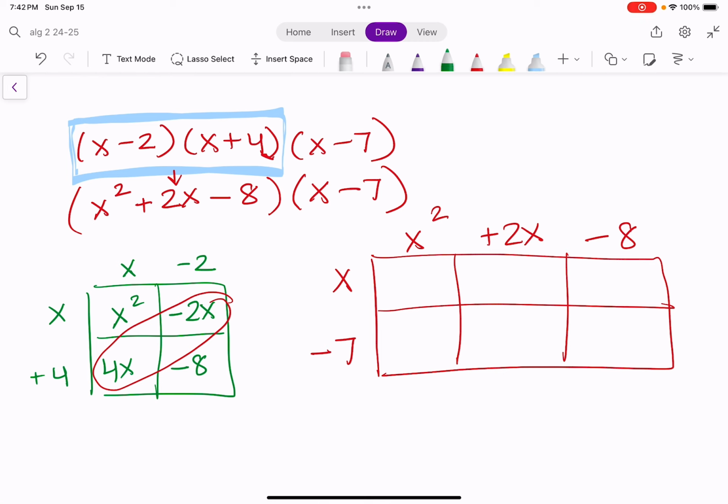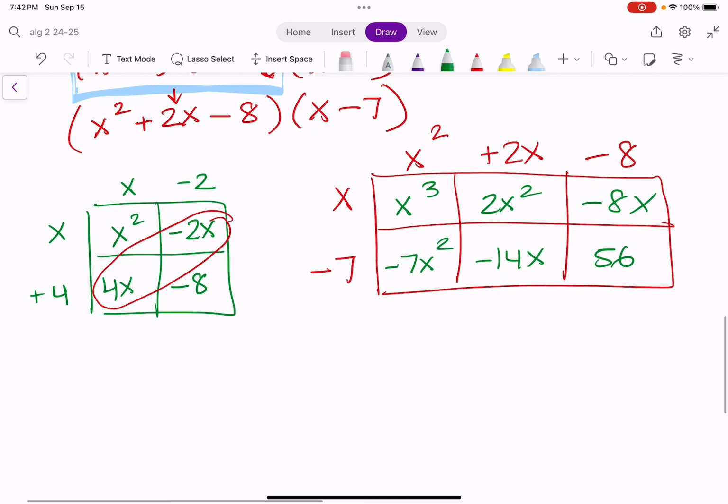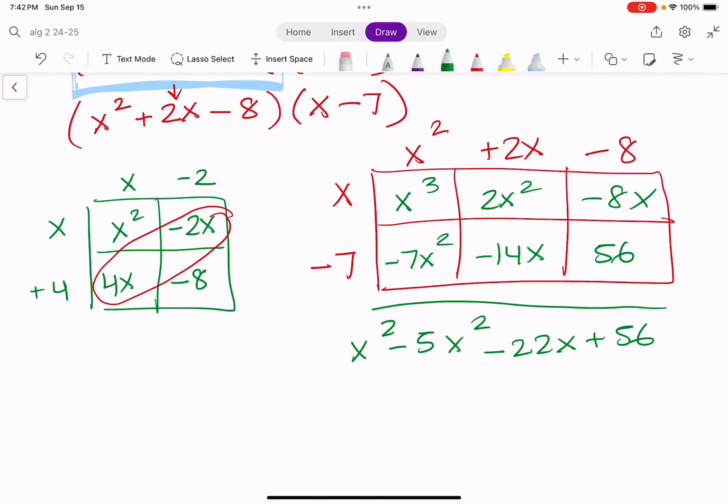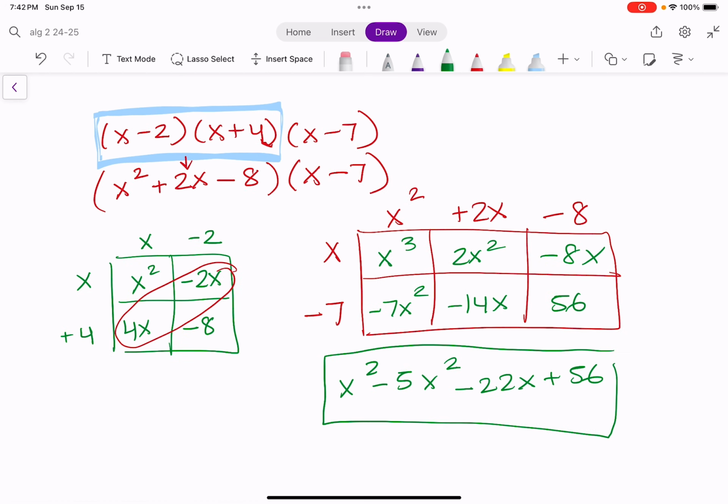So hopefully you paused it and you tried it. You should have gotten this in your boxes. And I'm just going to write out the final answer, okay? You should have gotten x cubed minus 5x squared minus 22x plus 56. If you are lost, ask someone, okay? So at this point, move on to the practice.